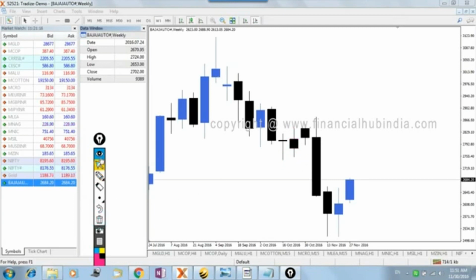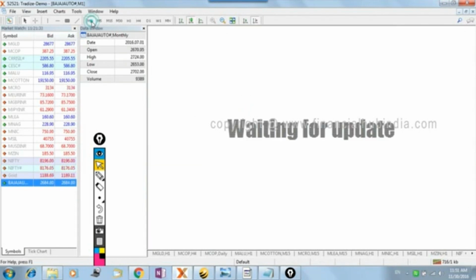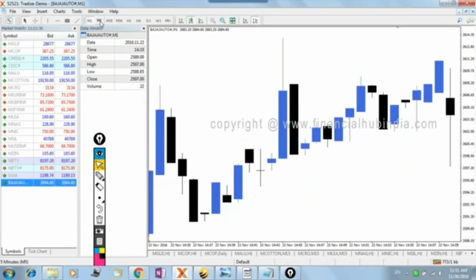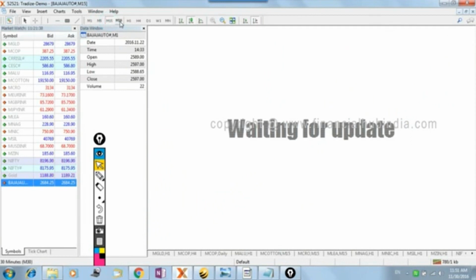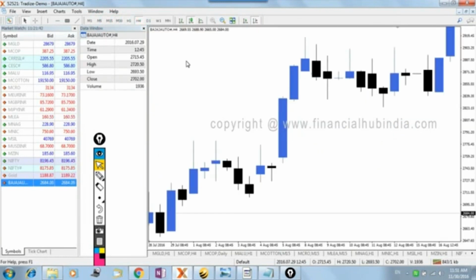Right. Now if we want to see a monthly chart, then it will give you candles for a particular month, the starting of the month and the ending of the month, opening and closing throughout the month. What is the highest point, what is the lowest point? Same way you can see candles for 1 minute, 5 minute, 15 minute, 30 minutes, 1 hour, 4 hours.